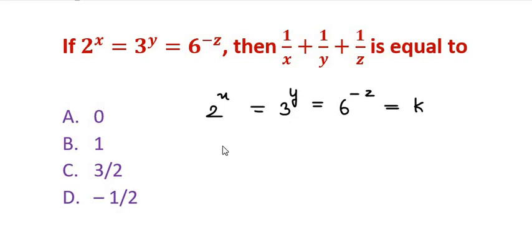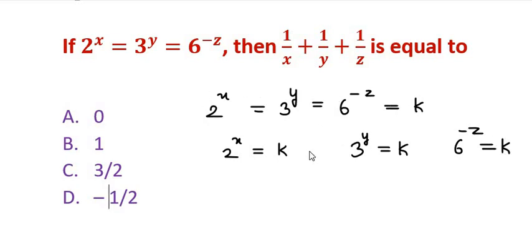So here we can write 2 to the power of x is equal to k, and we can write 3 to the power of y is equal to k. Similarly, we can write 6 to the power of minus z is equal to k, because all the three are equal to this constant. Now let us solve this one by one.